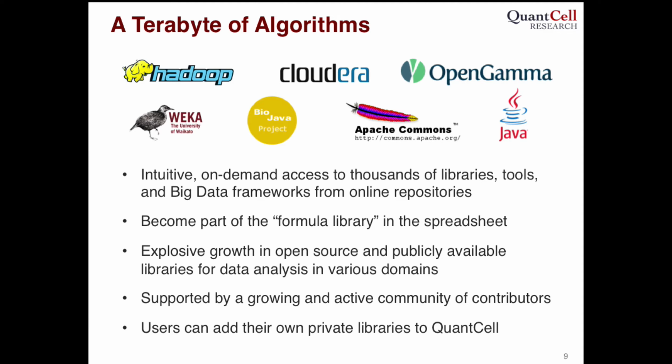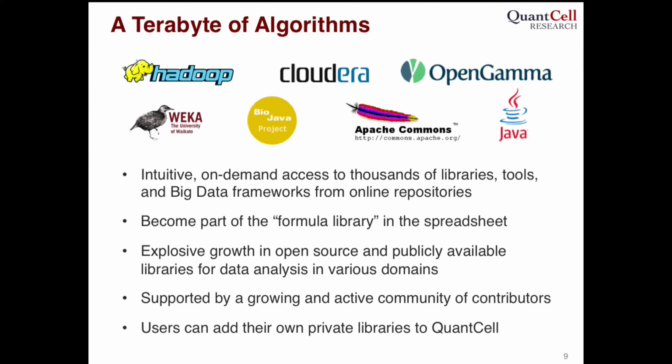There is an explosive growth in open source and publicly available Java libraries for analytics and data visualization in various domains that we are seeing today, and all of these work with QuantCell today. We are not only just talking about the big data frameworks and technologies such as Apache Hadoop, Pig, and Hive, but also commercial distributions of Hadoop frameworks such as the Cloudera CDH distribution.